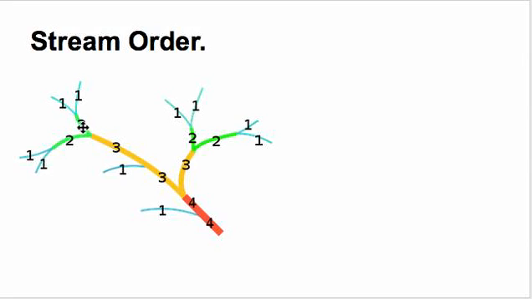And surprise, surprise, when two second order streams, two green streams in our case, join together, it will make a third order stream, or in this case yellow. Two third orders come together and that will make a fourth order. But you also see, just because you have a fourth order joining a third order, it doesn't change. To get to fourth order, you need two third order streams joining together.